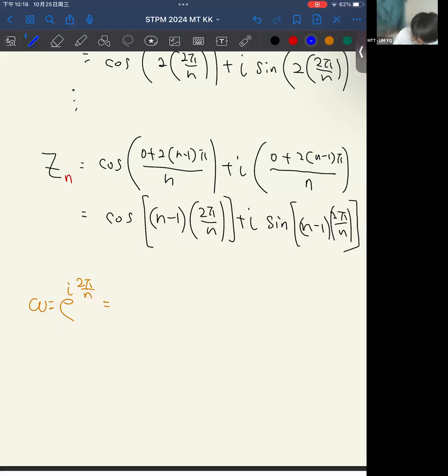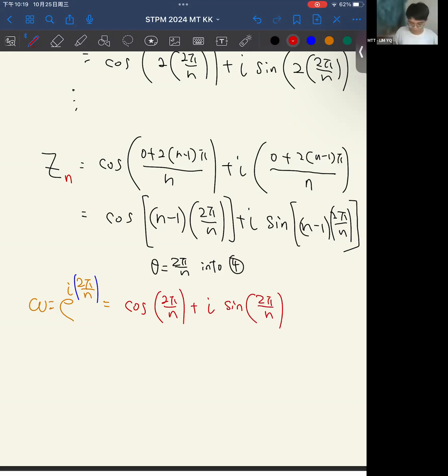Using the Euler's formula. Okay, substitute theta as 2 pi over n in your equation 4. You know what I mentioned. Okay, in equation 4. Okay, cos 2 pi over n plus i sine 2 pi over n, right? This one.